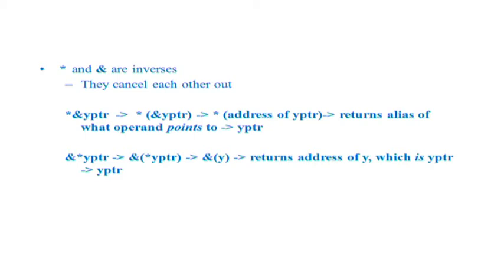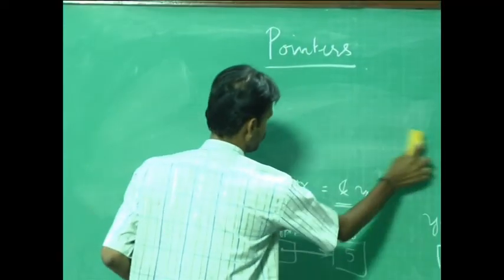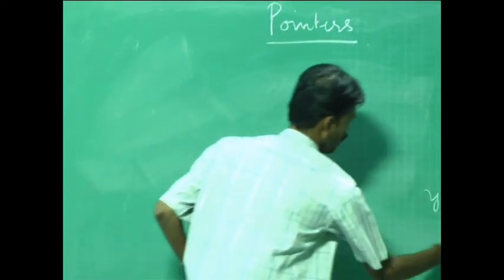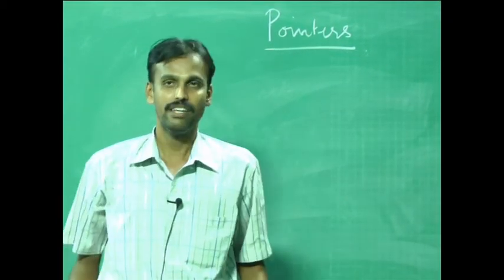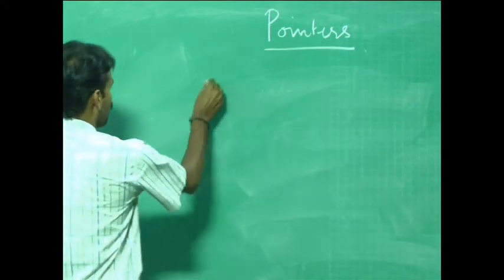Likewise, when I say ampersand star yptr, it always refers to ampersand star of yptr, which is address of y, which returns the address of y, which is yptr. To be short, let us have it written over here. I try to make use of the asterisk and ampersand together. Let us see how it looks like.